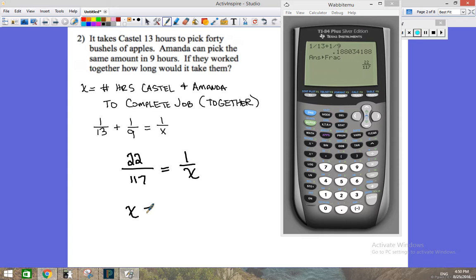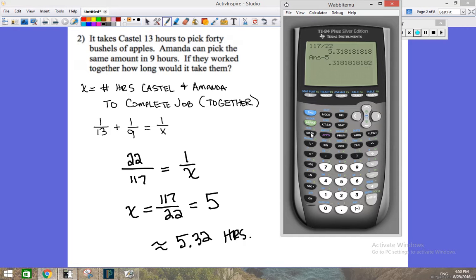If we take the reciprocal of each side, we get 117 over 22, and as a mixed number, we know that it's going to be approximately 5.32 hours. If we subtract 5 and convert that decimal number to a fraction, over 22.